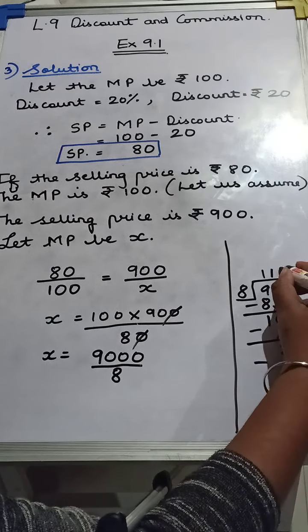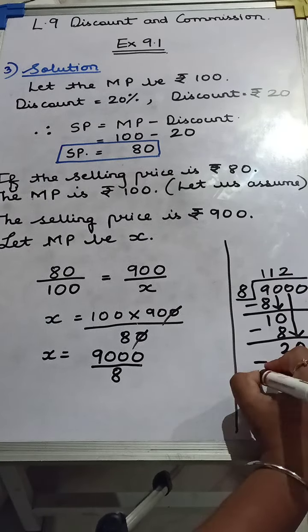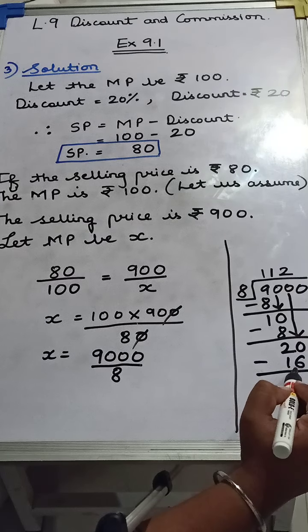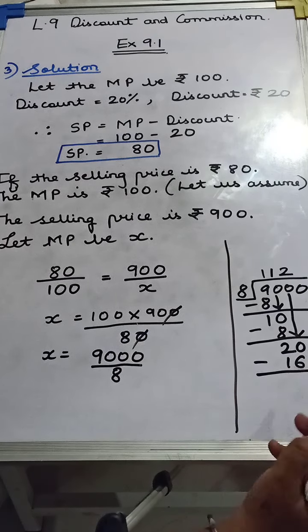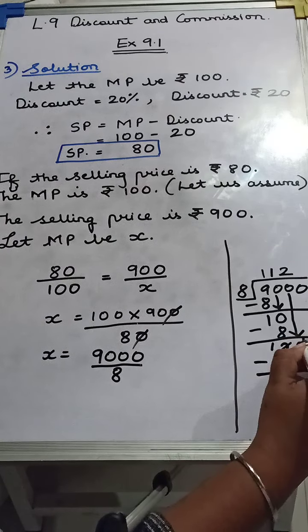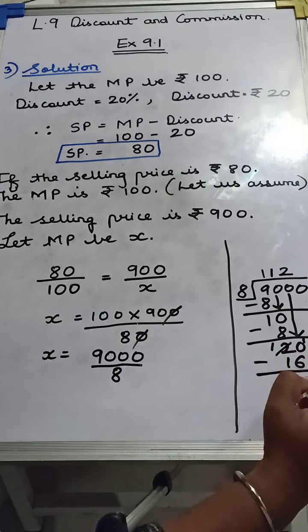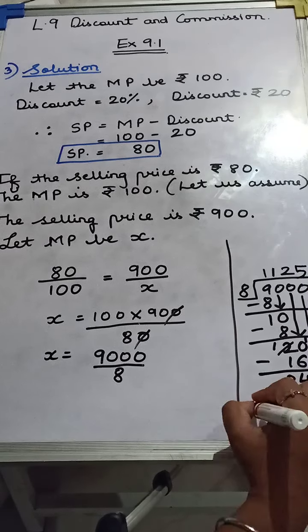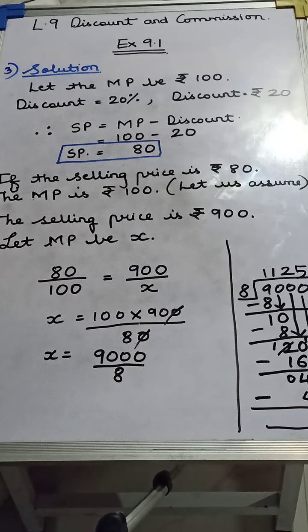So 8 twos are 16. 20 minus 16. Now you are all big enough to directly subtract it. But for those who don't know, 0 minus 6 cannot be subtracted, so we cancel this, write 1 here, and take 1 here. 10 minus 6 gives us 4. 1 minus 1 is 0 here. Then we'll take the next 0 down. That is 40. So 8 fives give us 40. 40 minus 40 is 0.